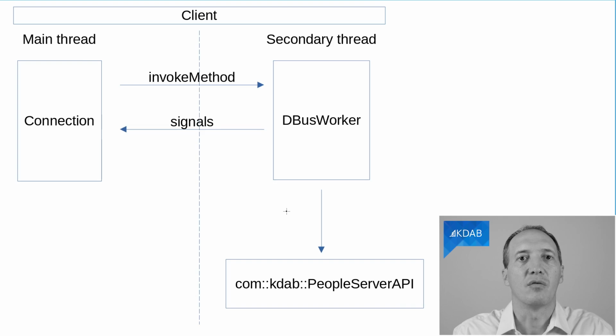We don't need that because we actually know the class, right? Connection knows dbus worker, whereas the other way around, dbus worker does not know connection, so all it can do is emit signals, and connection will connect to that. And of course, this means now dbus worker will be the one that handles the dbus communication, which is done by the proxy class that we have generated called com-kdab people server API.